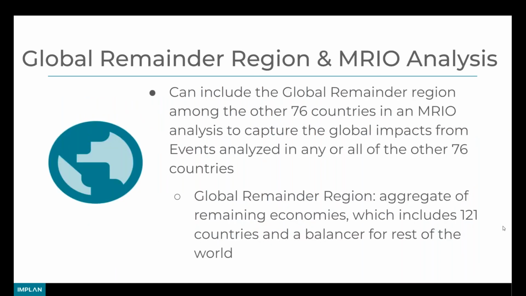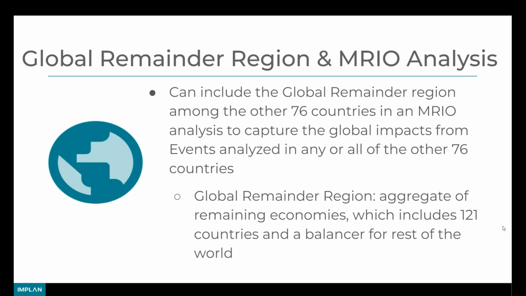We have used the data in that aggregate to develop a region that we're calling the Global Remainder region. The Global Remainder region is an aggregate of the remaining economies, which includes 121 countries and a balancer for the rest of the world. It accounts for economic activity in all other economies that are not explicitly covered by the OECD databases and explicitly by the international product.